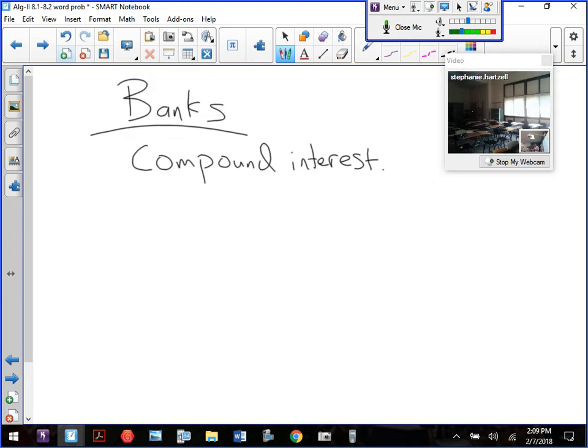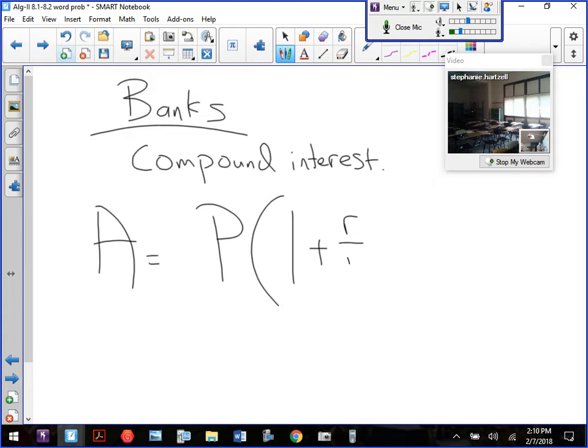If we do $1,000, and you start with an initial amount, well, here's the formula. Your overall amount will be equal to this thing called principal. Principal is your initial amount, how much you give the bank. It'll be times the quantity 1 plus the rate divided by the number of times it compounds, raised to the number of times it compounds times how many years.